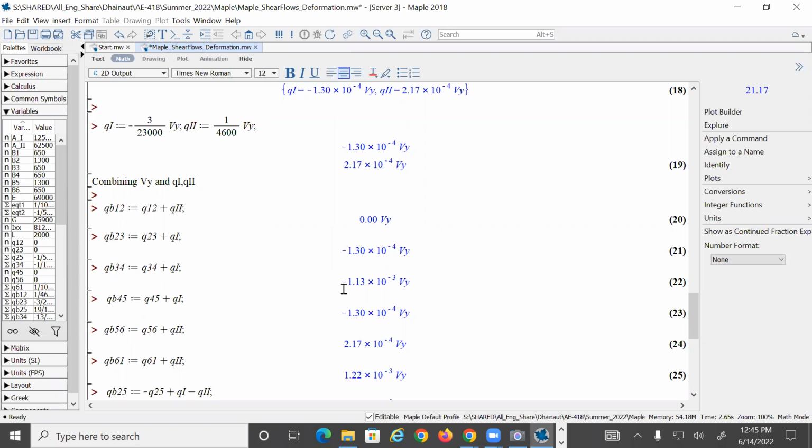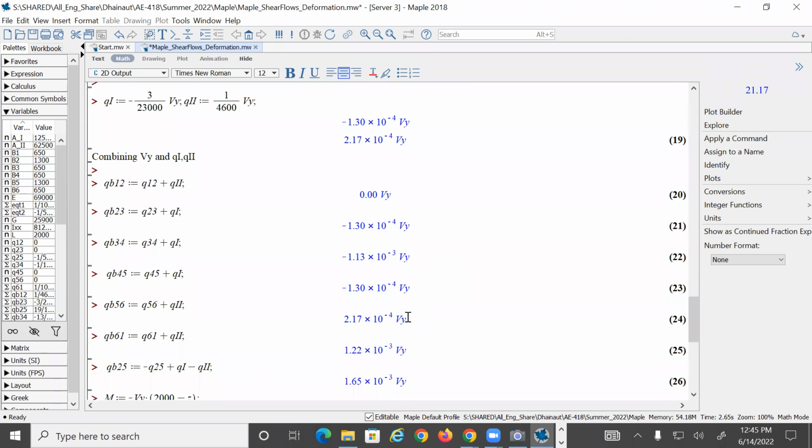QB25 will be equal to, oops, wait, did I do this wrong? Q61 is, no, 122, okay. No, that's good. And this one will be 1.65 10 to the minus 3 dy.